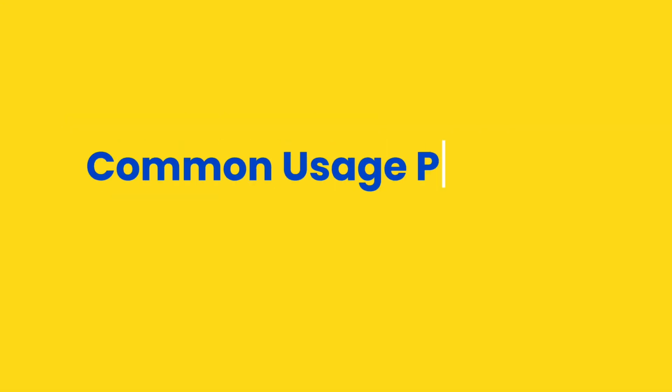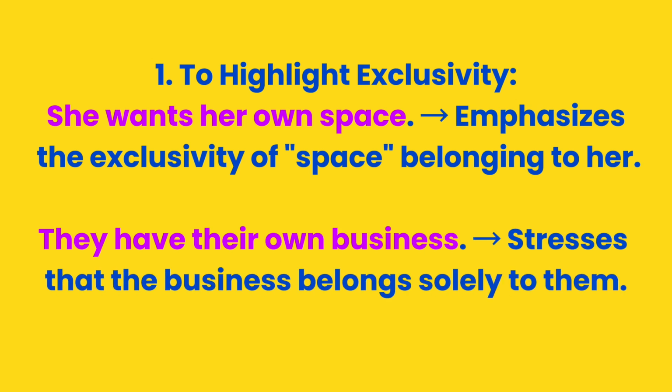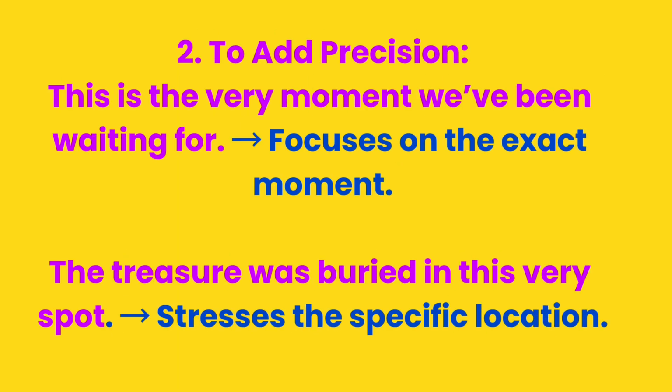Common usage patterns. 1. To highlight exclusivity. She wants her own space. Emphasizes the exclusivity of space belonging to her. They have their own business. Stresses that the business belongs solely to them. 2. To add precision. This is the very moment we've been waiting for.